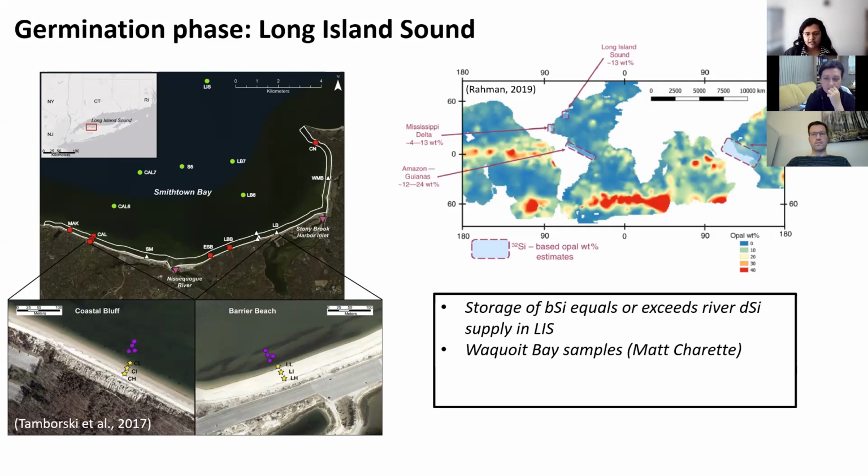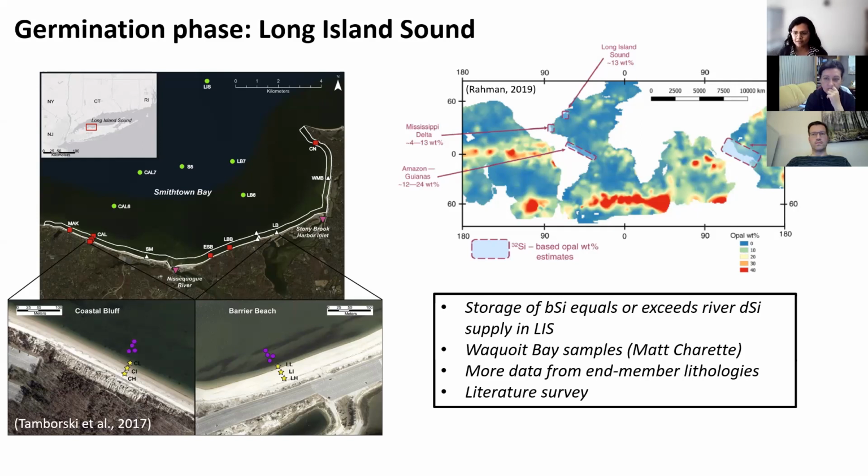And Matt Charette sent us some Waquoit Bay samples, along with data from 7 or 8 other endmember lithologies. And then we started to see that we perhaps had a bigger project on our hands than we initially envisioned, because we started to see similar trends across a lot of these data sets. And so then we started looking into the literature, and oh boy, the more we looked, the more we found. So that was pretty fun.